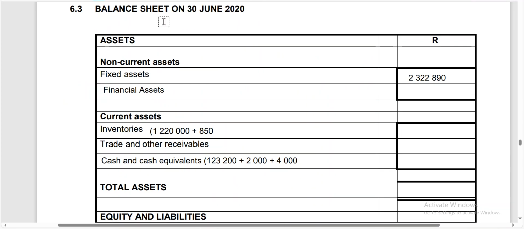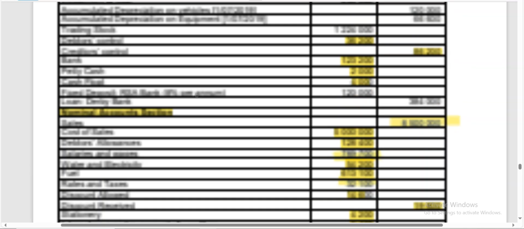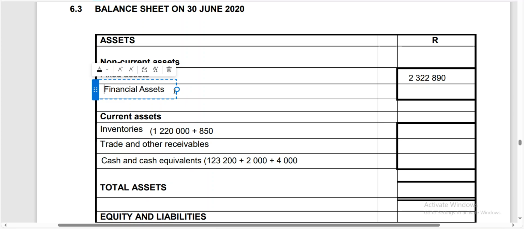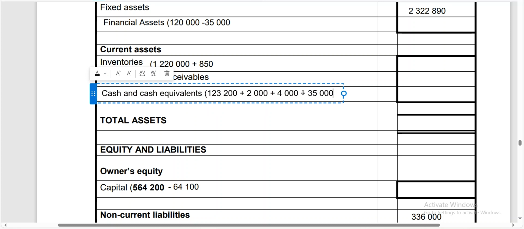So remember our financial assets, we had something like 120,000, if I remember well. So it's 120,000. Okay, so we're going to say 120,000 minus that 35,000 that is maturing, and then we are going to bring it here under cash and cash equivalent, we would say plus 35,000 here.